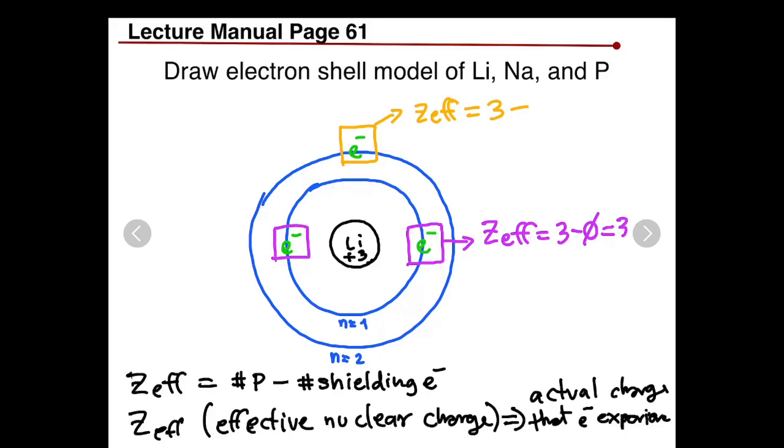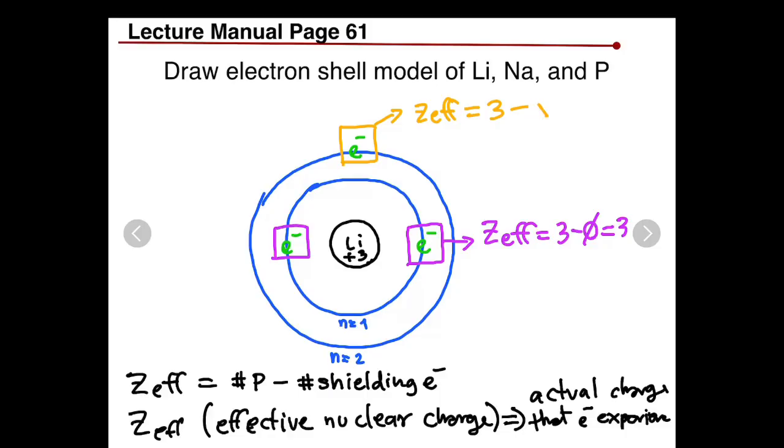Remember, they're not static. They're moving around dynamically all the time. Therefore, these 2 are going to block the view of this electron and shield the charge from the nucleus away from it. So in this case, we do the number of protons minus the shielding electrons, which is 2.